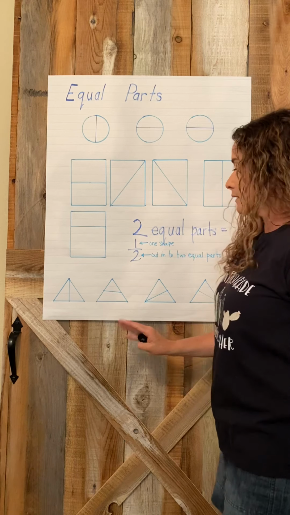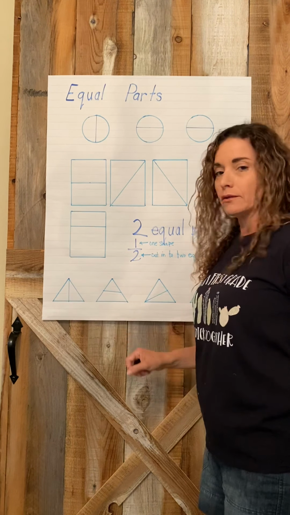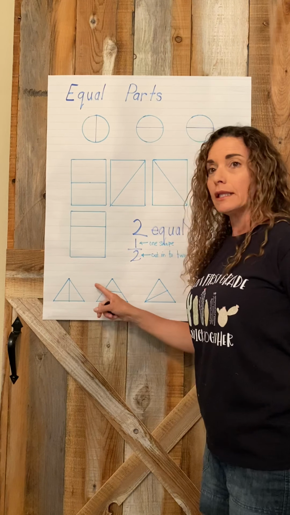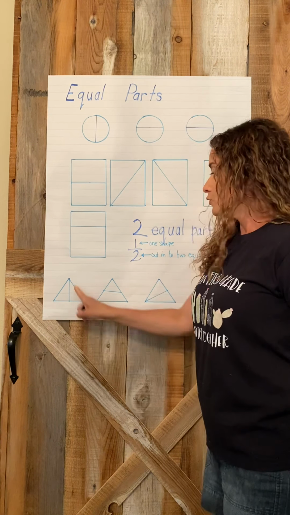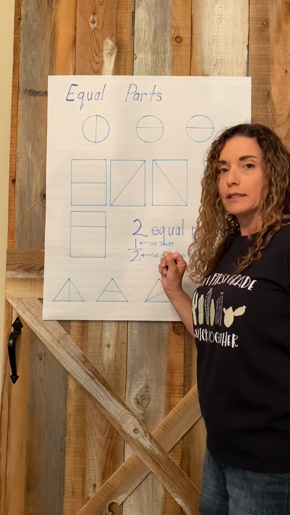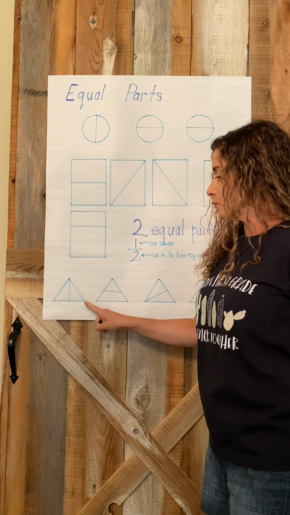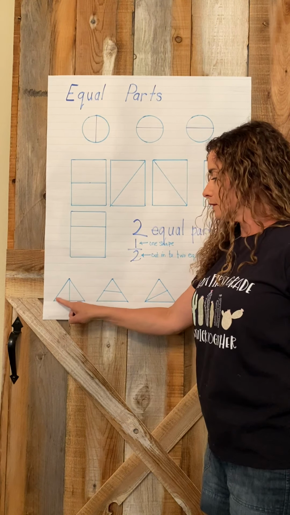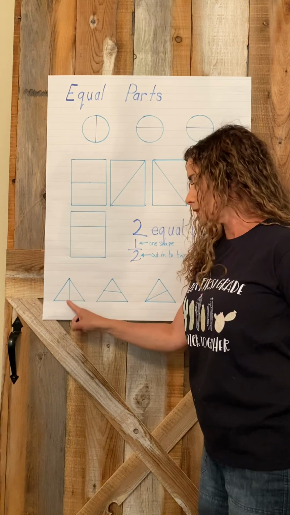Okay, now with triangles, triangles are a little harder. Now, this triangle has different length sides. There's only one way to cut it. You can cut it right down the middle. Now, if the triangles were exactly the same side length, then you would be able to go this way, or this way. But on this particular triangle, you can only go straight down the middle.